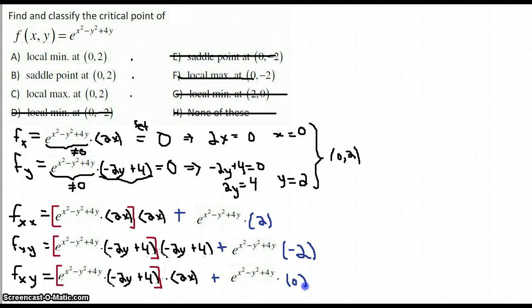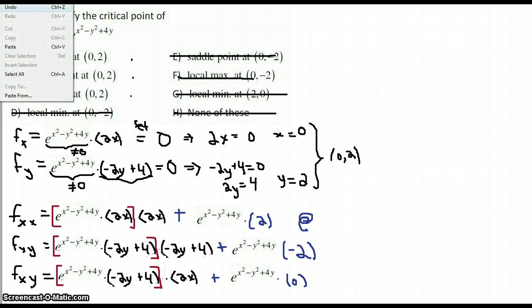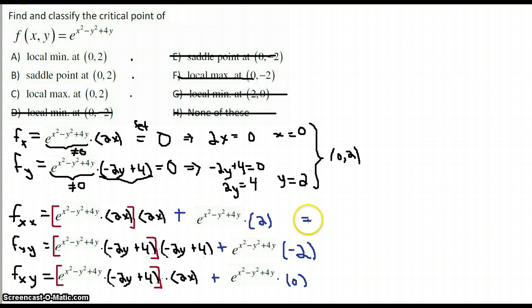What we need to do is evaluate each of these at (0, 2). At the point (0, 2), x is 0, y is 2, we get 0 plus 2e to the 0.